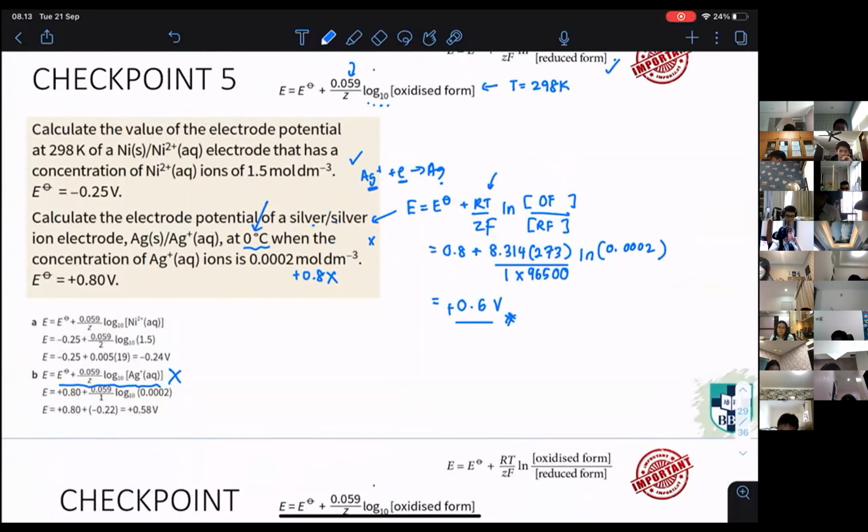What's the difference with the original formula? The original formula has RT divided by ZF, and then it is going to be natural log. But most of the time you can always use this formula, 0.059 divided by Z, log 10.